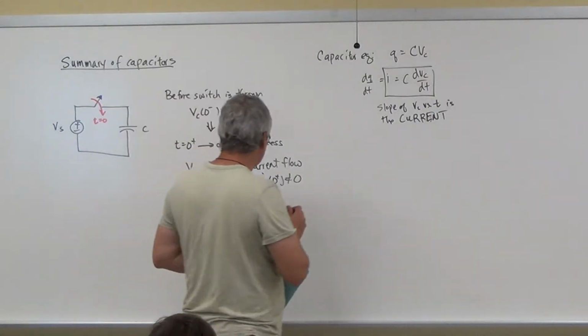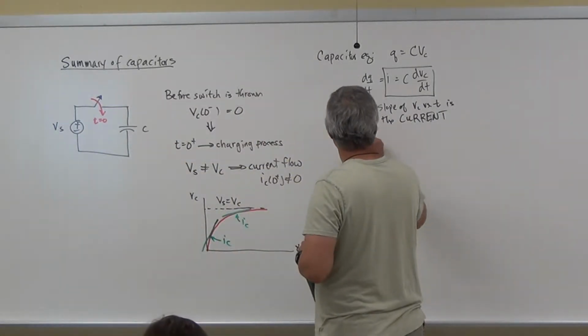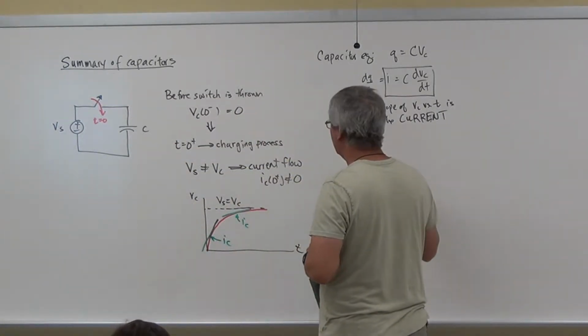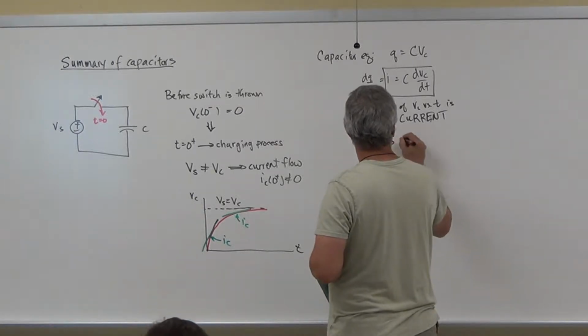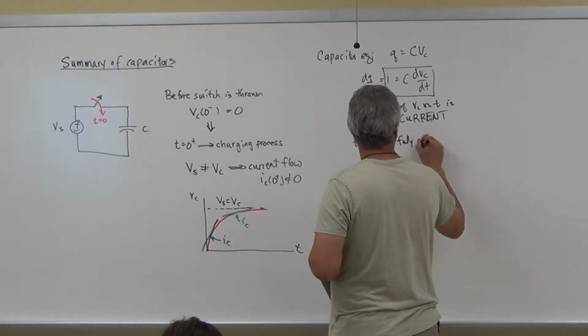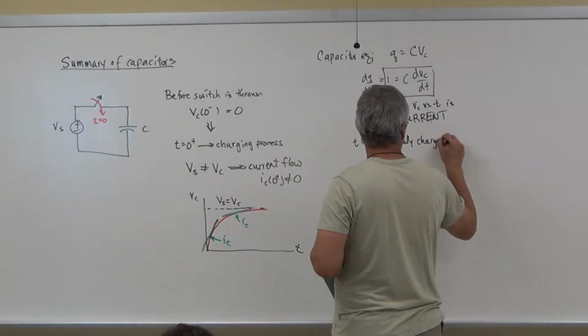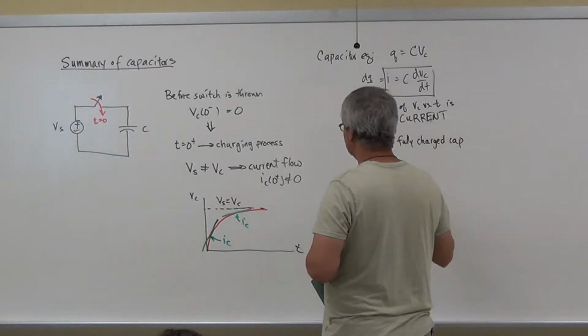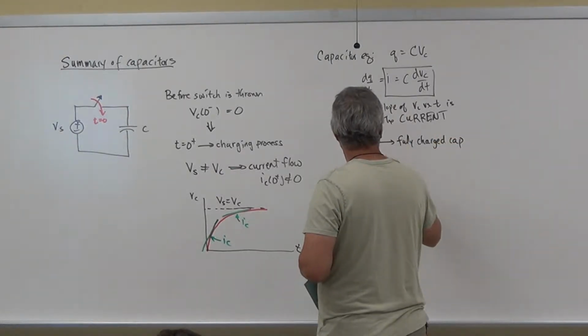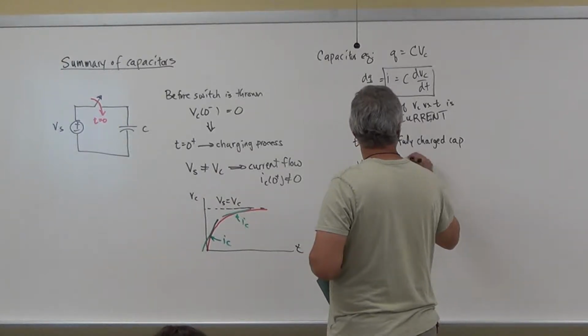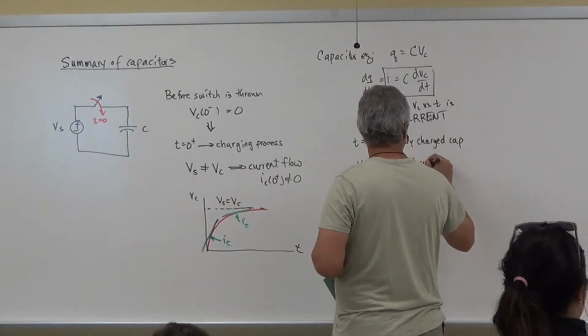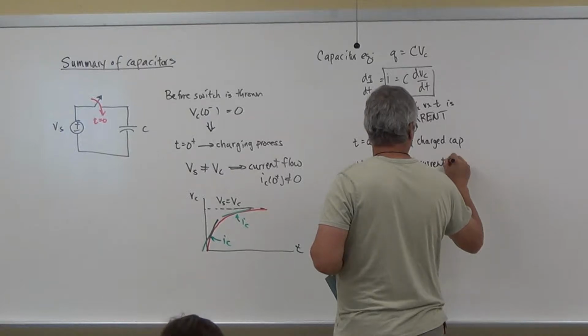And at some point, at t equals infinity, we have a fully charged cap. So in this scenario, we said that there is no current flow.